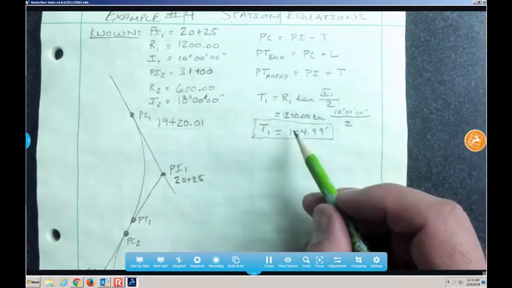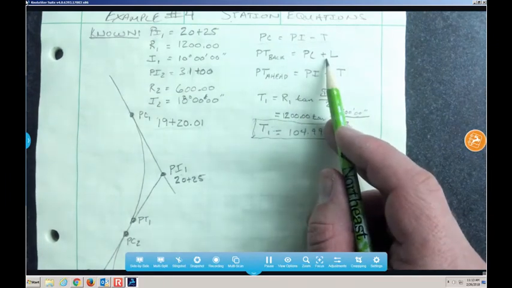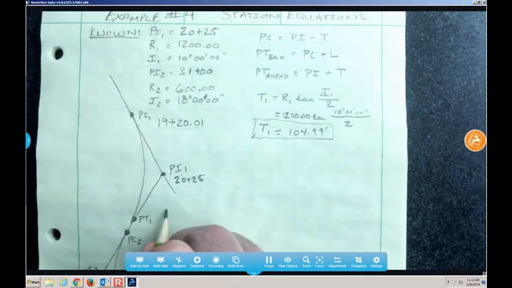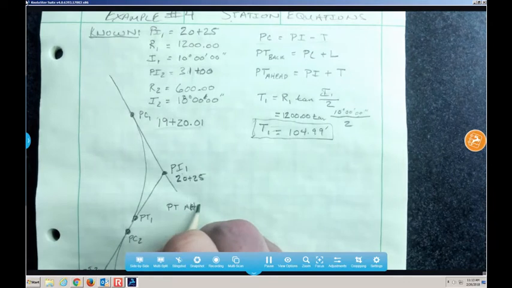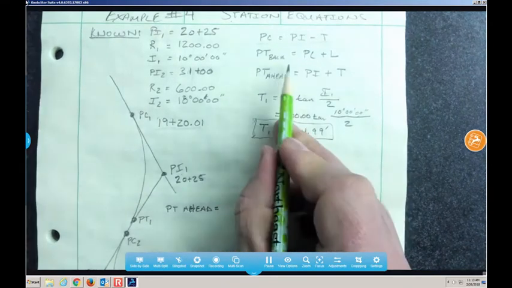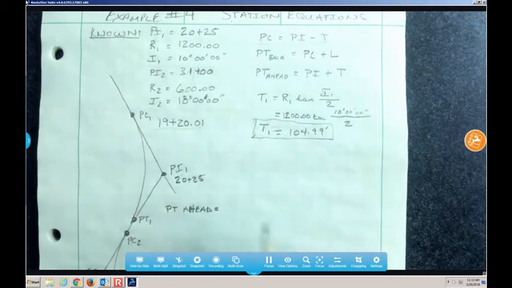Alright, we can easily find our PT ahead, but we're going to have to do more work to find our PT back. If we want to figure out our PT ahead, we can do that right away. It's the PI plus T. Well, we have T and we have the PI.